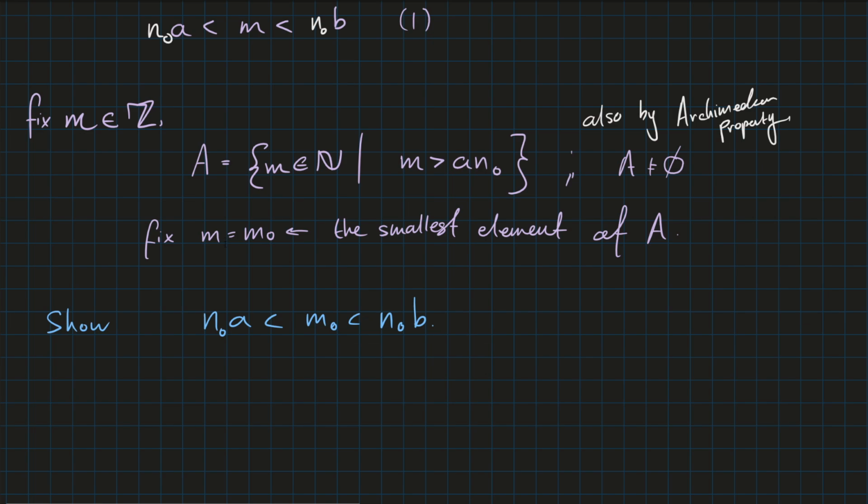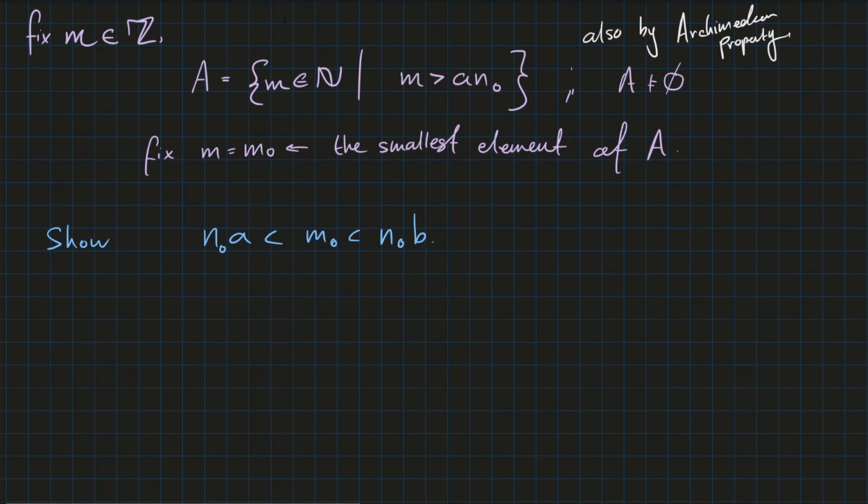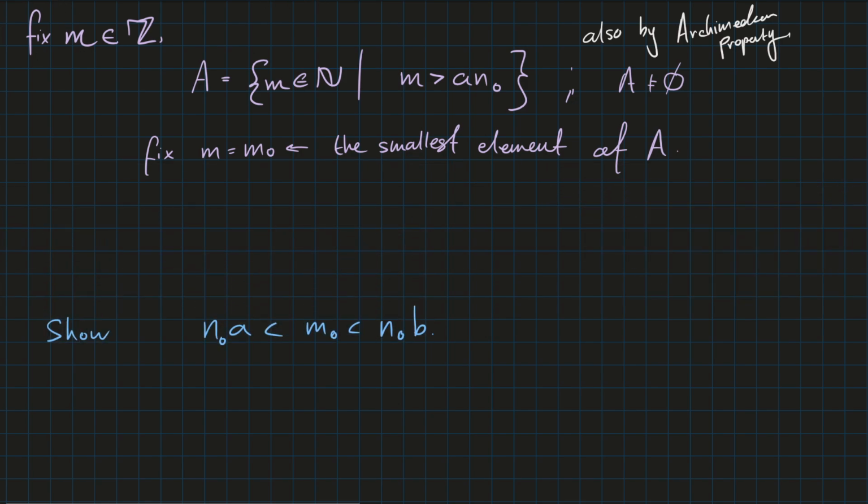Based on how we picked it, m naught is the smallest natural number that is still bigger than a n naught. Maybe we want to move this down a little bit and say here that we know a n naught is less than m naught, but bigger than or equal to m naught minus 1.